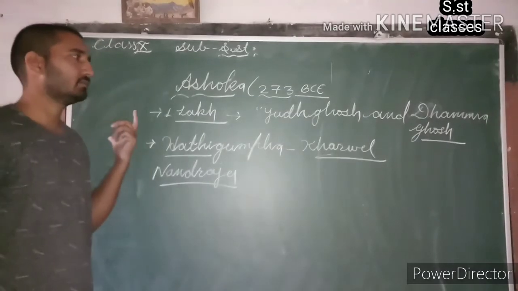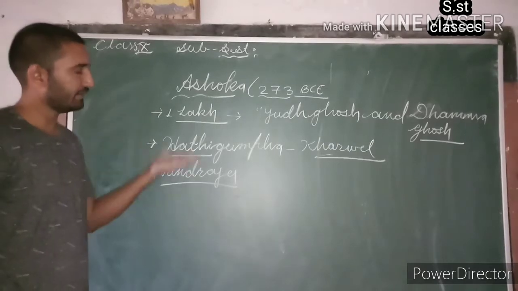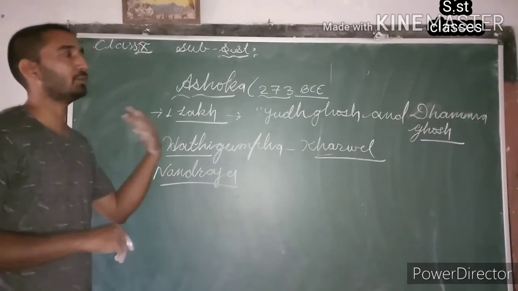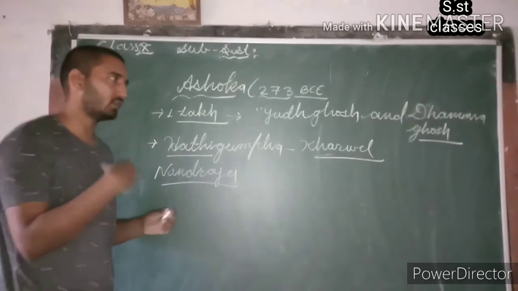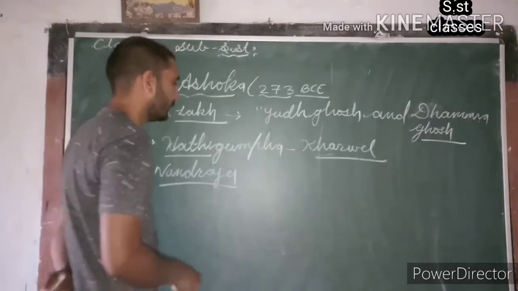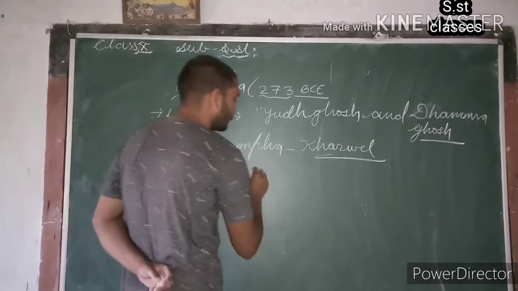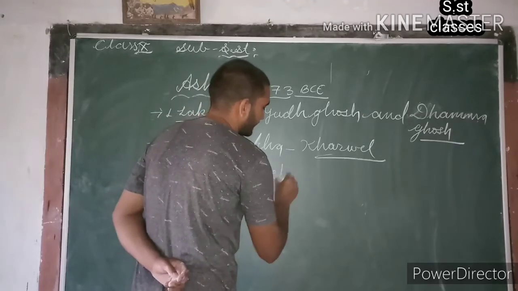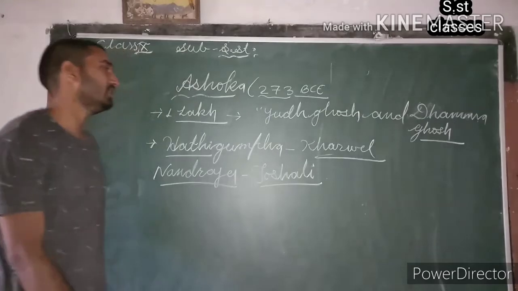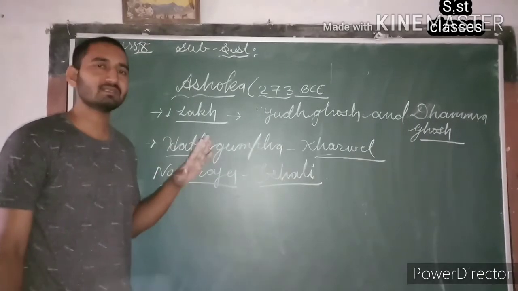After this great massacre, Ashoka left the war, and in this way he became a follower of Buddhism, adopting Dham Ghosh in place of Bheri Ghosh or Yudh Ghosh. Is that clear? Okay. After that, Ashoka made Tosali the capital of Kalinga, and in this way Kalinga became a part of Ashoka's empire.